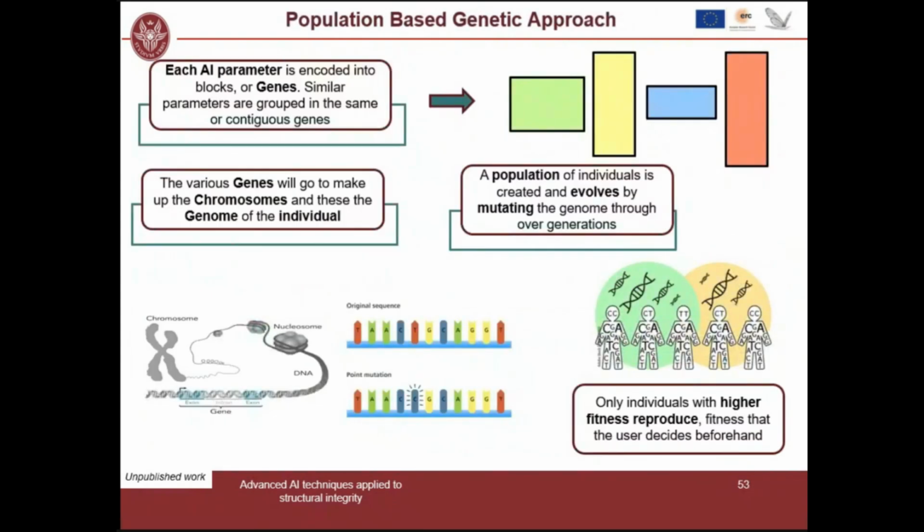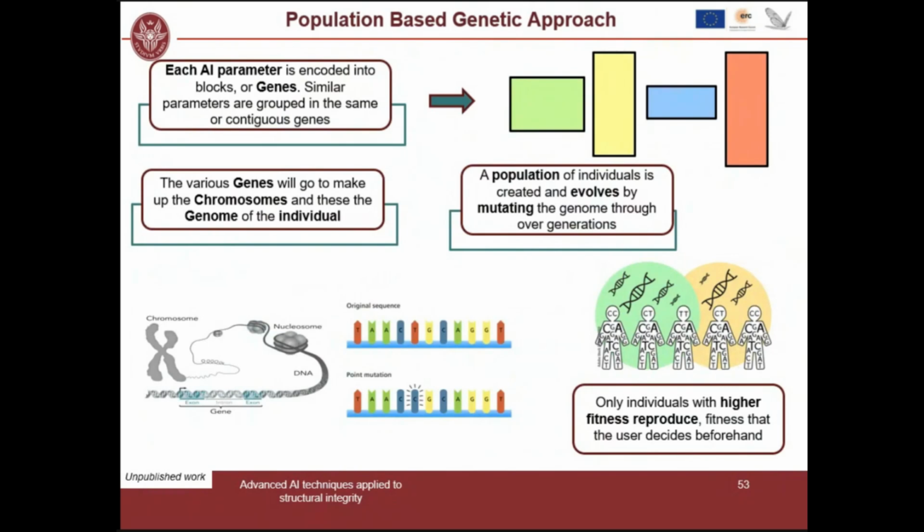But what is a genetic algorithm? A genetic algorithm is something inspired by nature, by how we evolved. You have to encode your search space, your task, into a genome. You have to create genes, chromosomes, and the genome of the individuals.